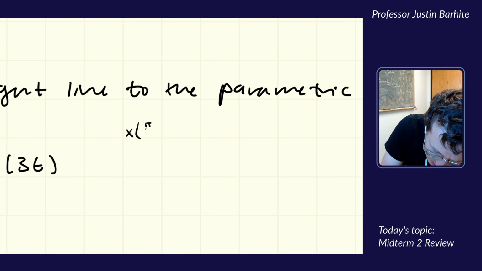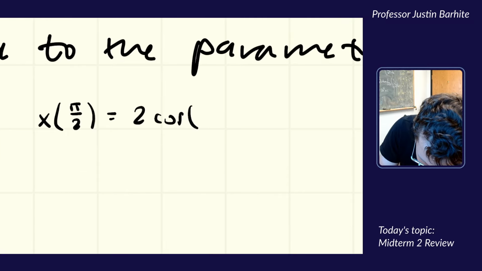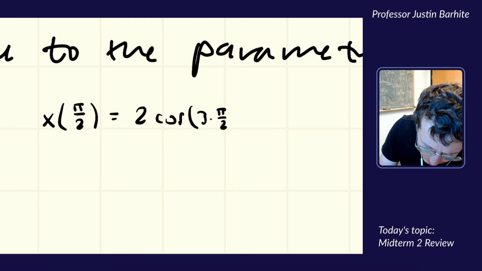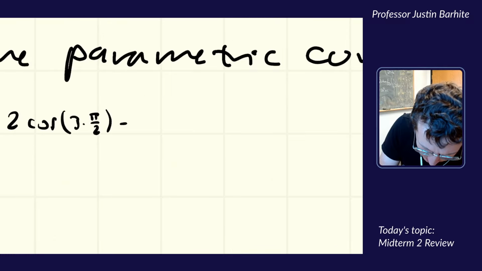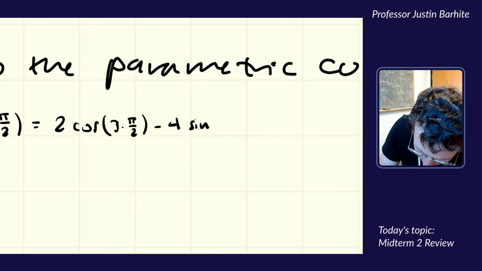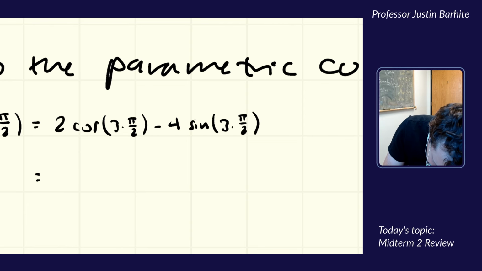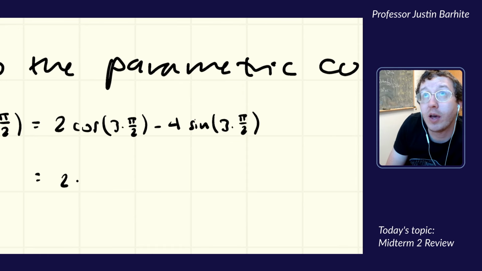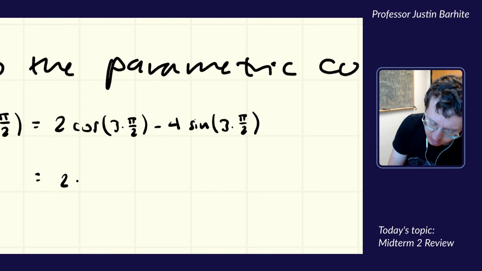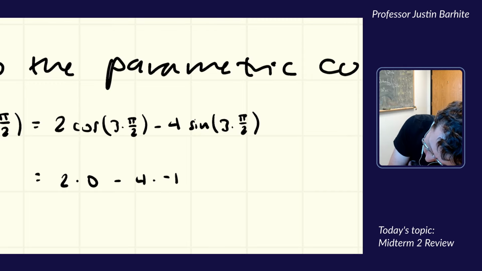So at time pi over 2, the x coordinate is 2 times the cosine of 3 times pi over 2 minus 4 times the sine of 3 times pi over 2. The cosine of 3 pi over 2 is 0, and the sine of 3 pi over 2 is negative 1, so this comes out to 4.